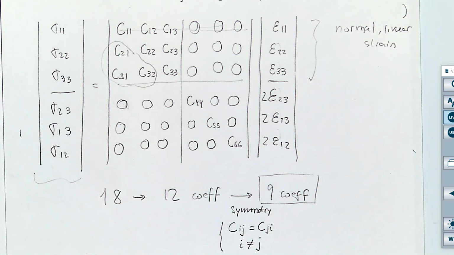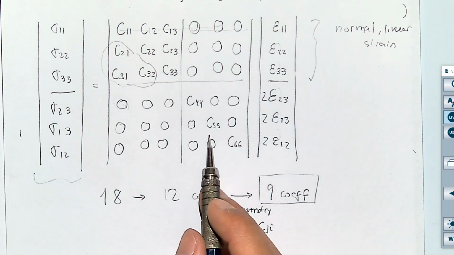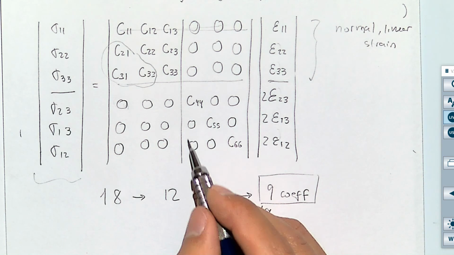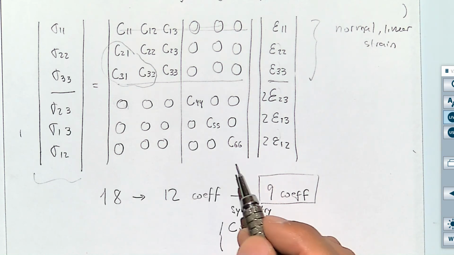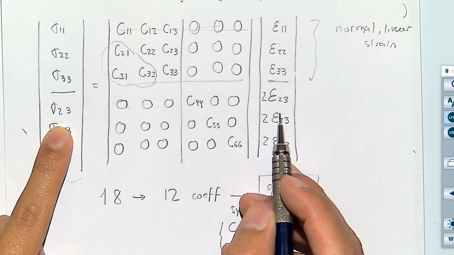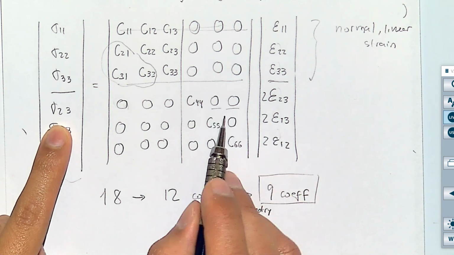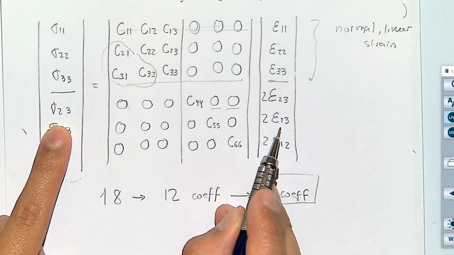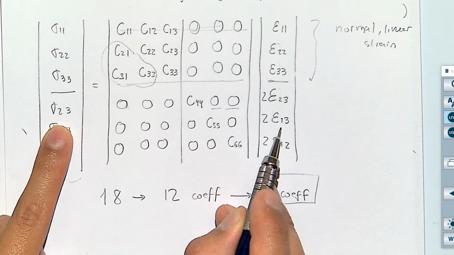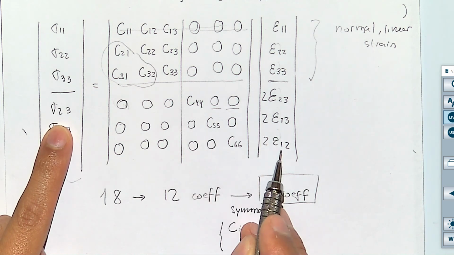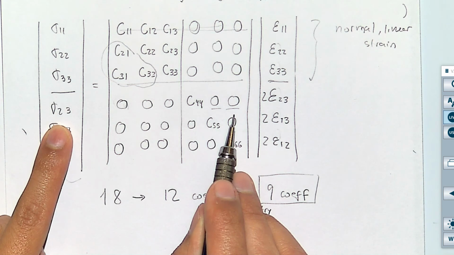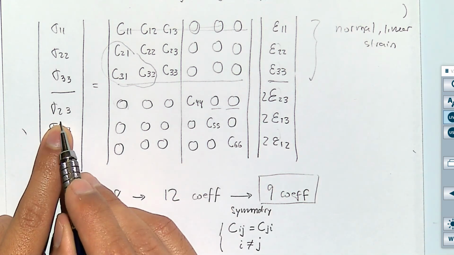Correct. And can you just repeat the lower right corner? So these are 0 because a shear strain in the plane 1-3, or a shear strain in the plane 1-2, cannot produce a shear stress in the plane 2-3. Okay.